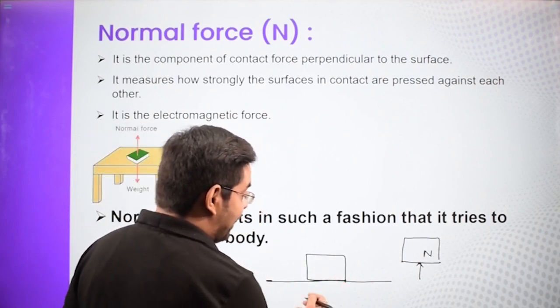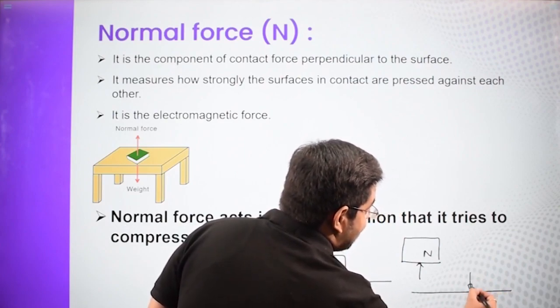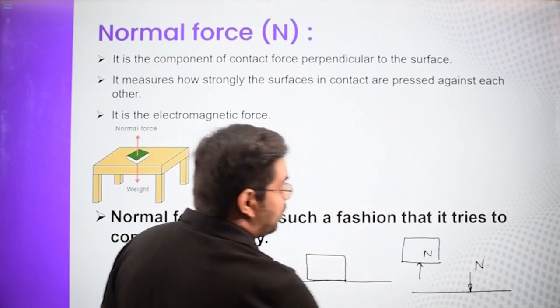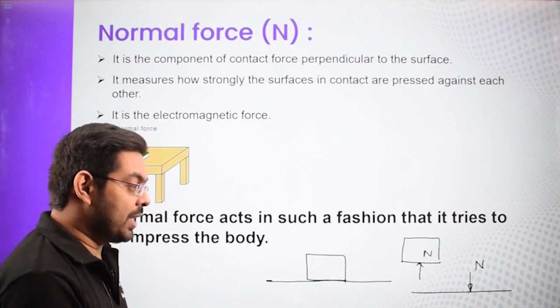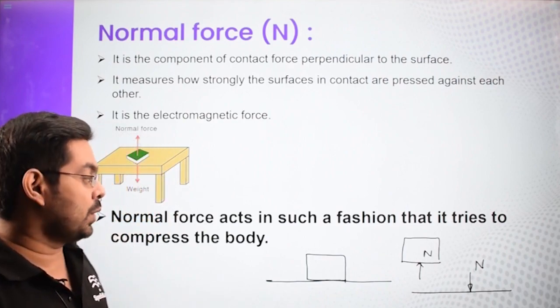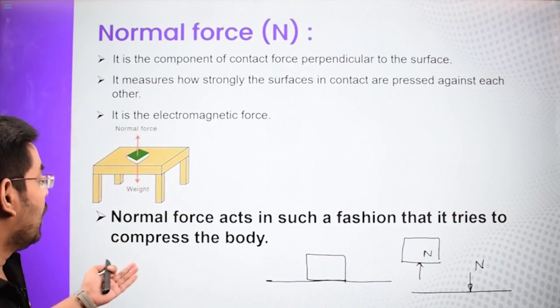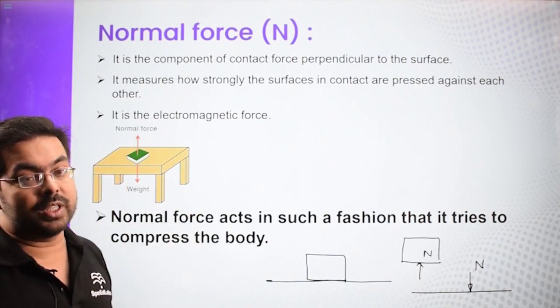Similarly, on the platform the same normal force acts in the downward direction and it is trying to press the platform downwards. So normal force acts in such a fashion that it tries to compress the body.